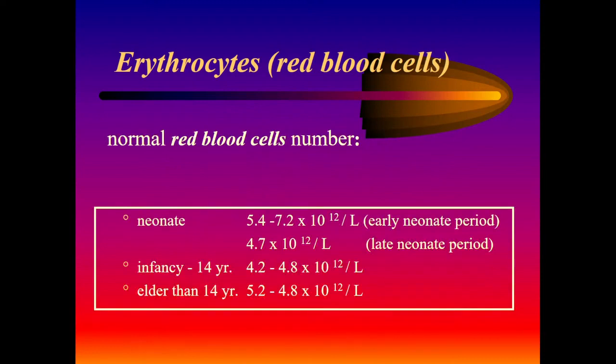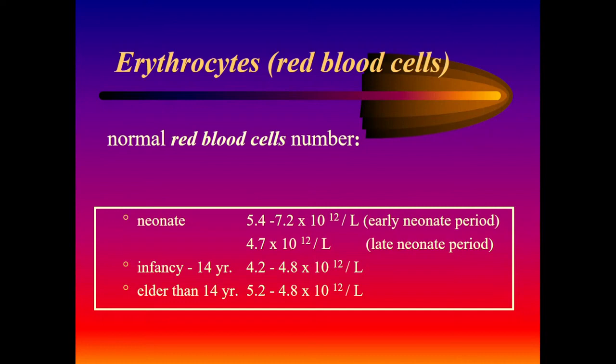Erythrocyte content: the red blood cell number in different ages has different parameters. In the neonatal period, especially the early neonatal period, which, if you remember, is from birth to the first 6 days, the red blood cell number is between 5.4 and 7.2 times 10 to the 12th per liter.